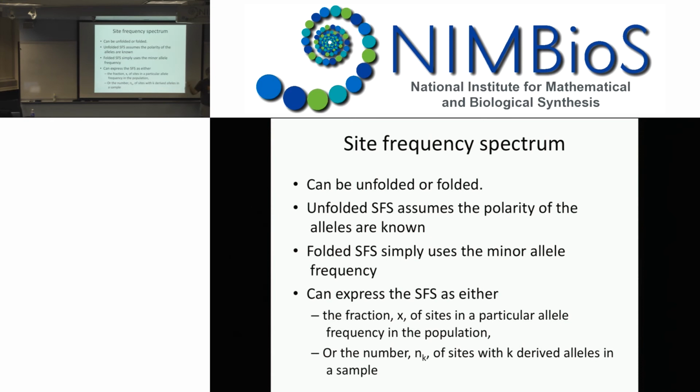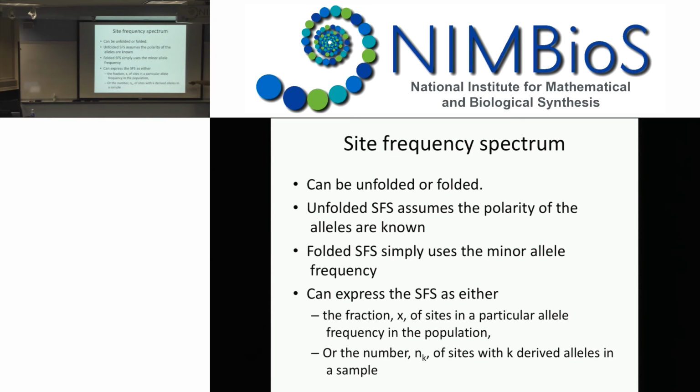But that doesn't require any polarized data. I simply look at the minor allele frequency. The folded frequency spectrum is used in a lot of tests, but the unfolded frequency spectrum actually has a bit more power. So the folded site frequency spectrum simply uses the minor alleles.